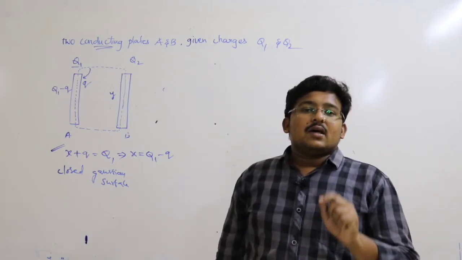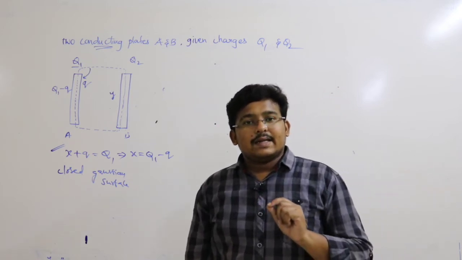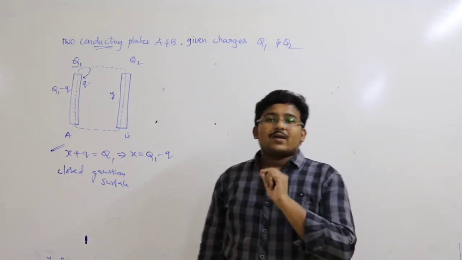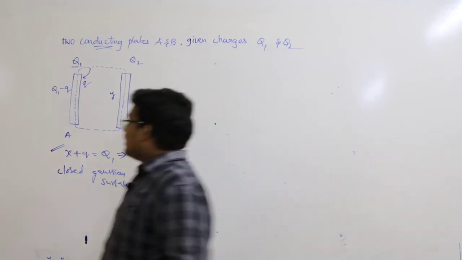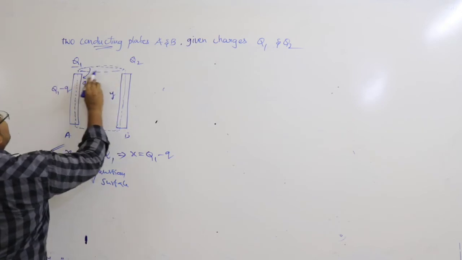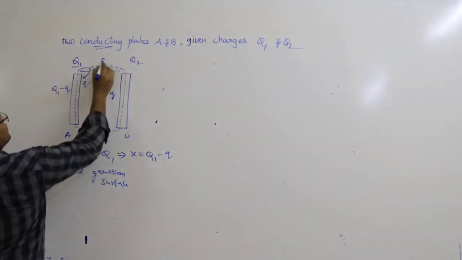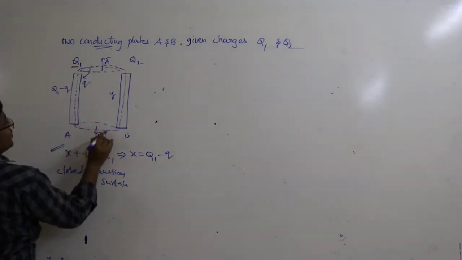Now, you know that according to Gauss law, if a closed surface is taken, the flux is equal to the integration of E bar dot dS, which is equal to 1 by epsilon naught times the net charge enclosed. See here, this surface area vector is like this, and this surface area vector is also like this.